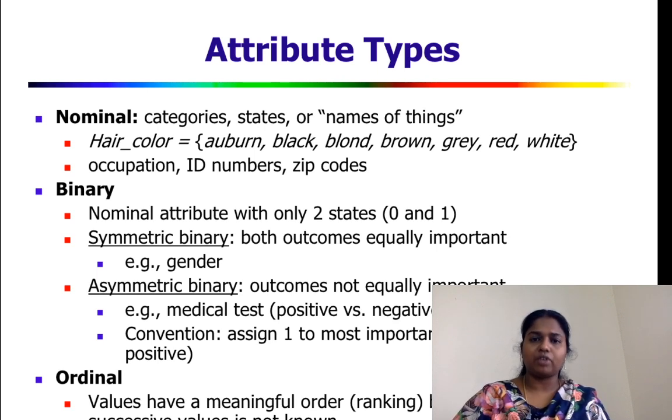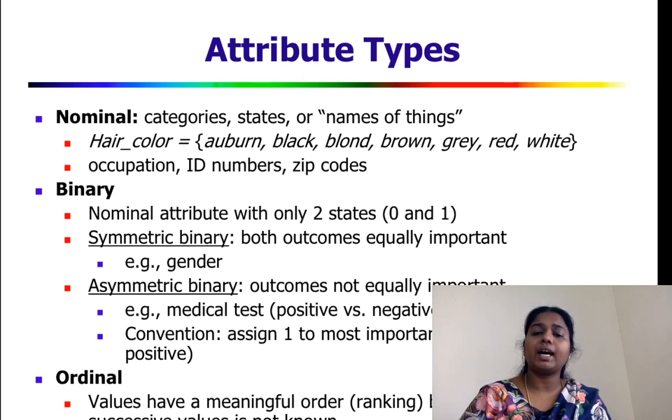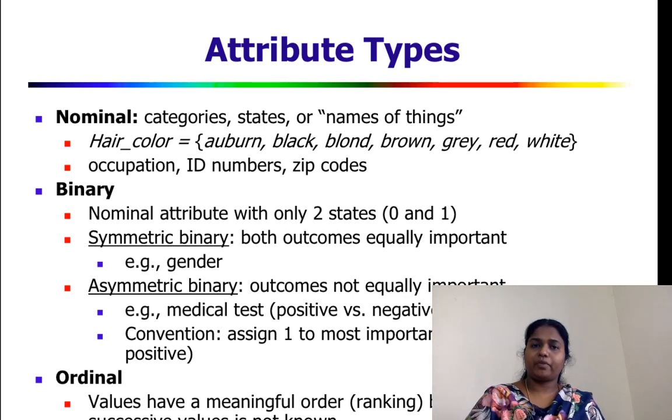Example is the gender of the student, where both male and female have the same importance. I don't differentiate anything between a boy and a girl student, so they mean the same or they have equal ranking. Whereas when the student is pass or fail, pass has higher value and fail has a lower value. Present or absent, present has a higher value and absent has a lower value. So that is called an asymmetric binary variable or a binary attribute.